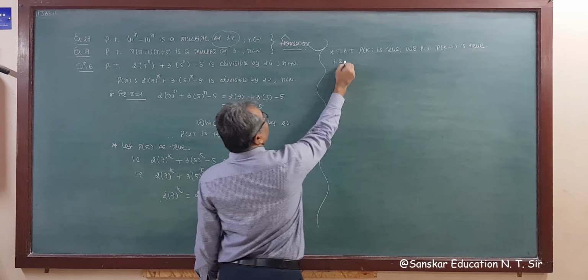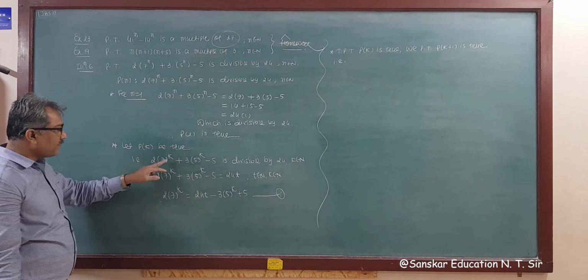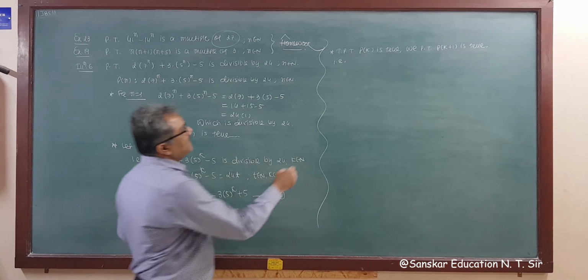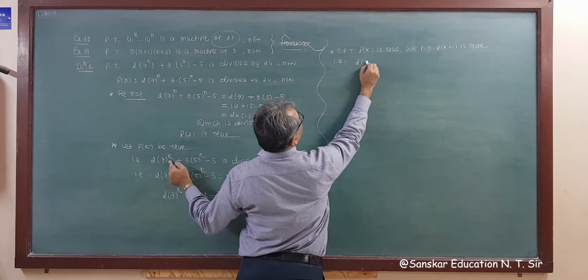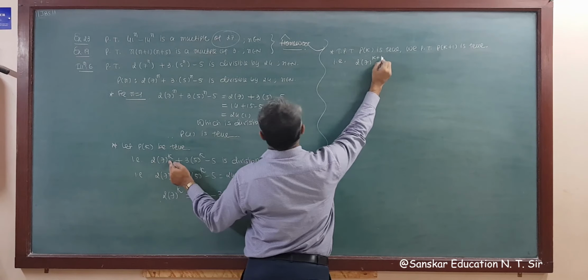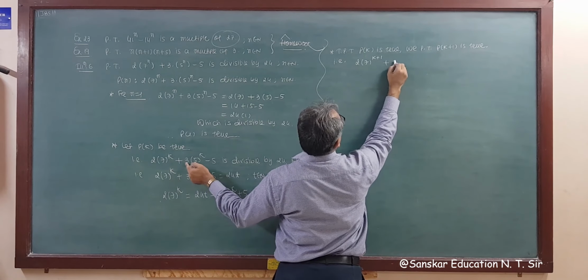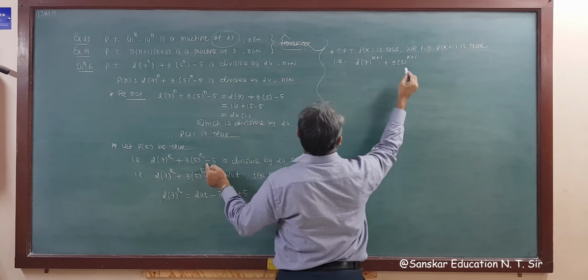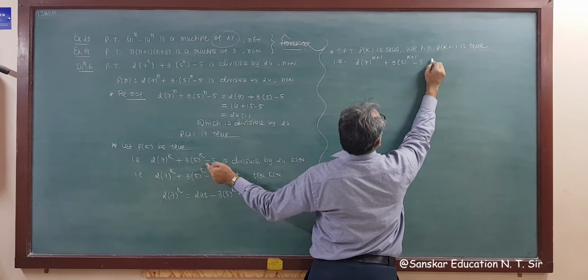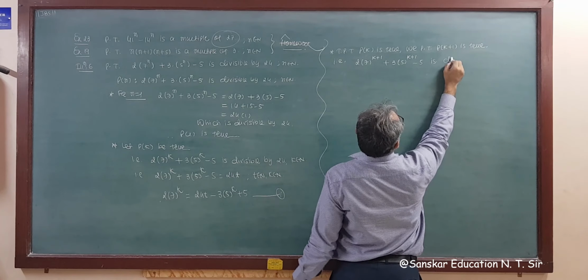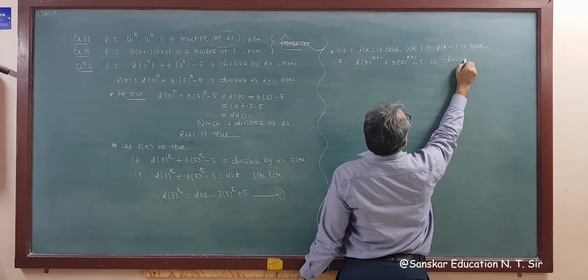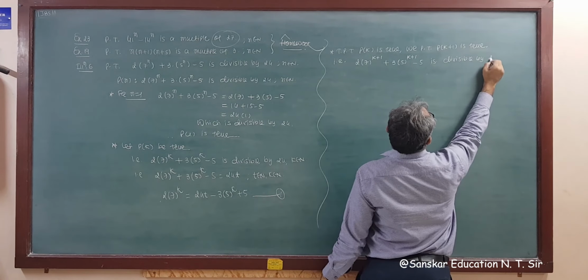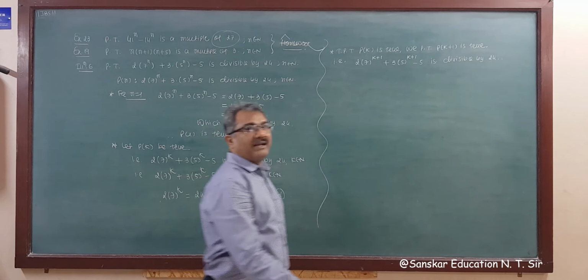That is, simply replace k by k plus 1. That is 2 times 7 raised to k plus 1 plus 3 times 5 raised to k plus 1 minus 5 is divisible by 24. That we have to prove.